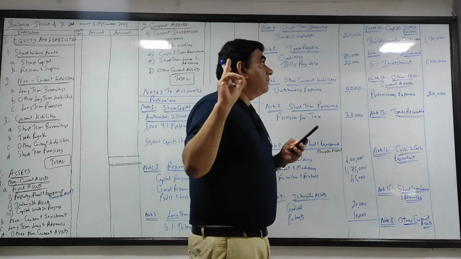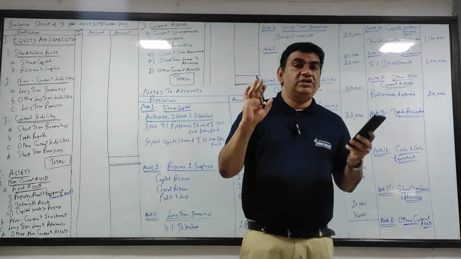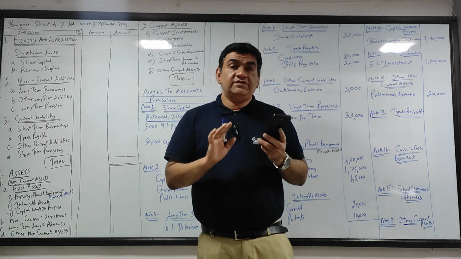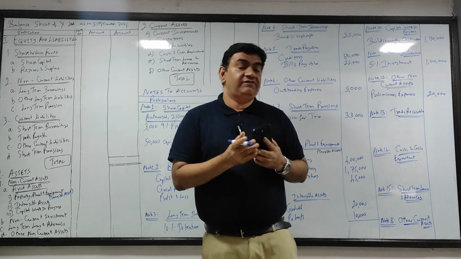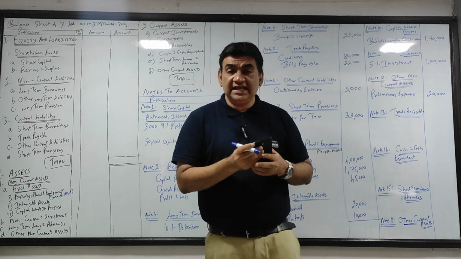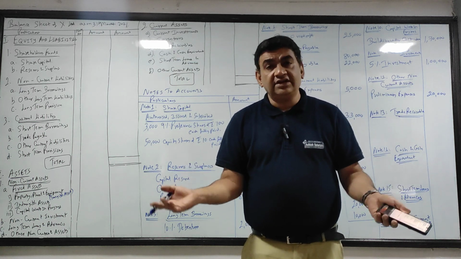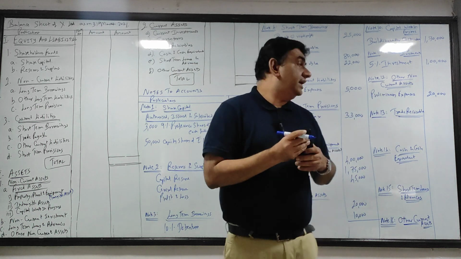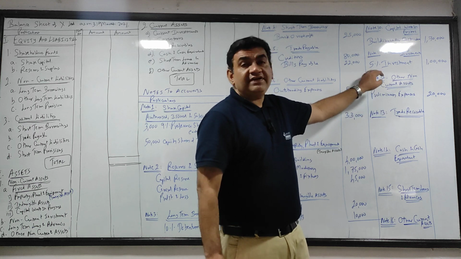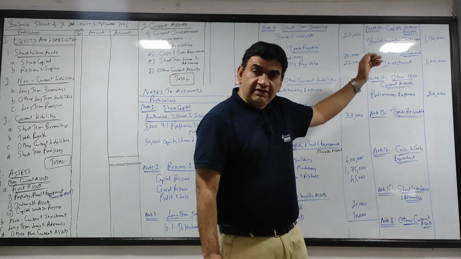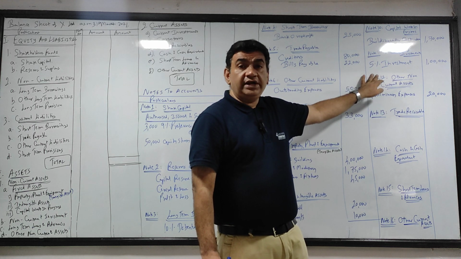Then marketable investments. Now listen, I did not make a note for marketable investments. If you see there is no note. What is the reason? Marketable means it is short term investment, current investments only. Even if 5% was given, you could have avoided a note.